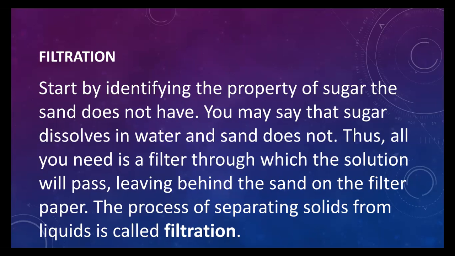All we have to do is mix sand and sugar with water, because sugar has the property of being soluble in water. We need to take advantage of that property in order to separate sand and sugar. So we dissolve the sugar in water with the sand, of course, and use filtration. We can filter out the sand because it is insoluble in water.